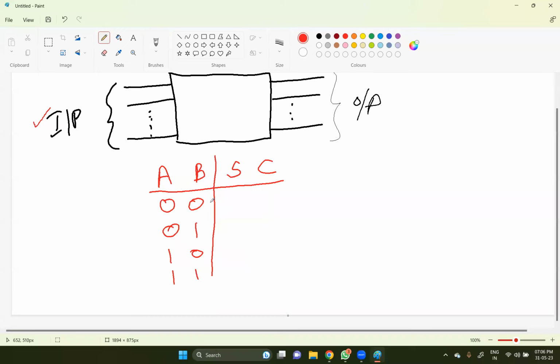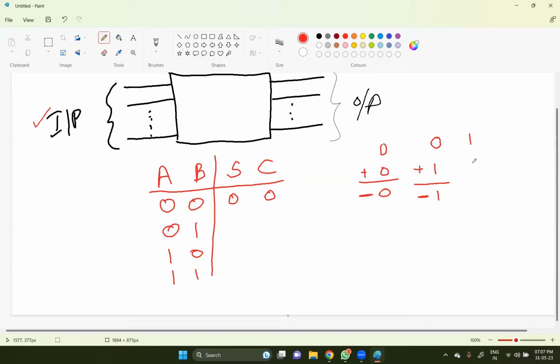For 0 plus 0, the sum is 0 and the carry is also 0. If you add these two together, 0 plus 0 is 0, and you don't have any carry. For 0 plus 1, the sum is 1 and there is no carry at all.